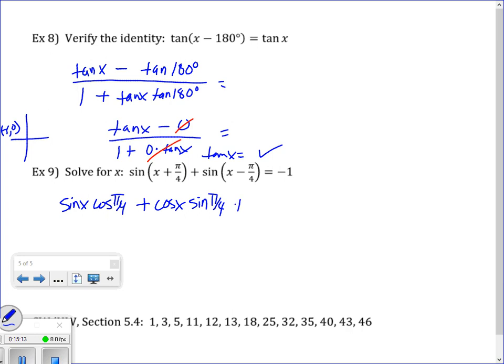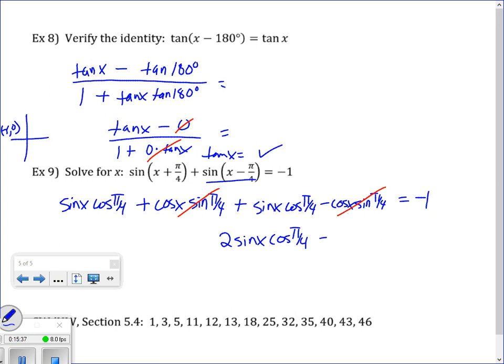Now for the second part, this guy right here, that would be sine of x cosine of pi over 4 minus cosine of x sine of pi over 4. They'll equal -1. All right, so I do have a matchup right here that cancels. And then for the other one, I have two of them. So I have two of these sine x's, cosine pi over 4's, equal -1.